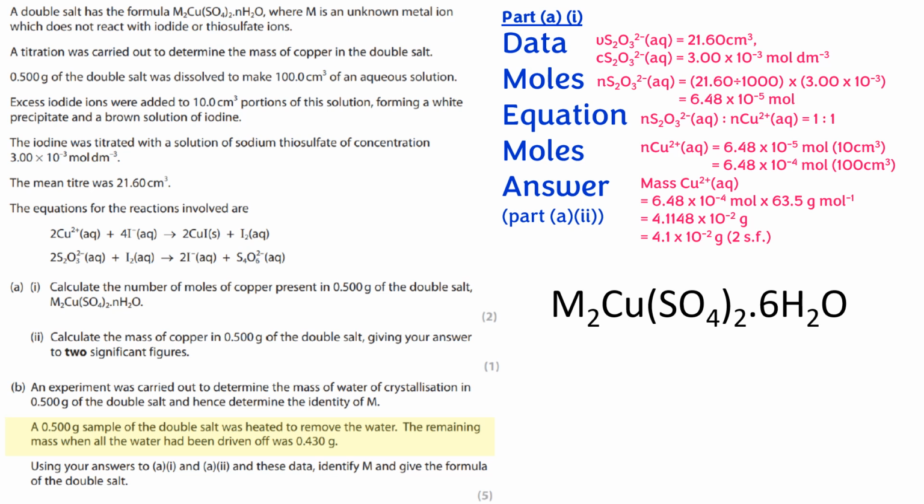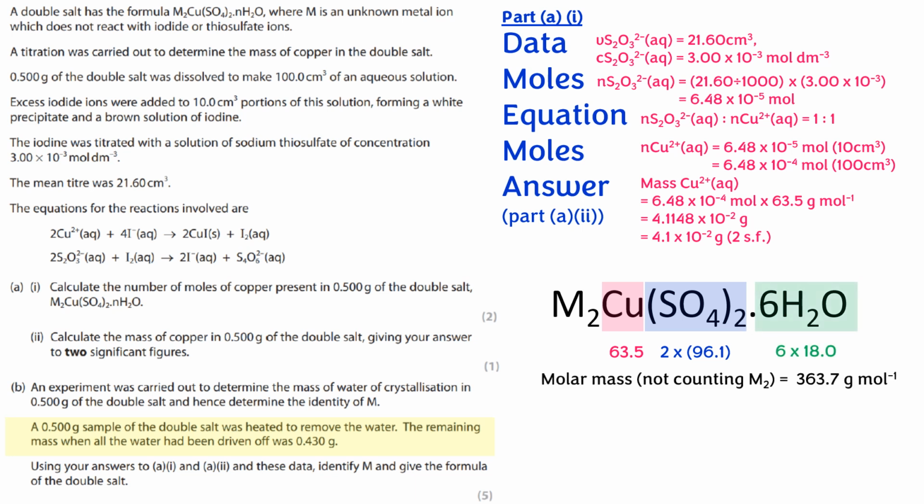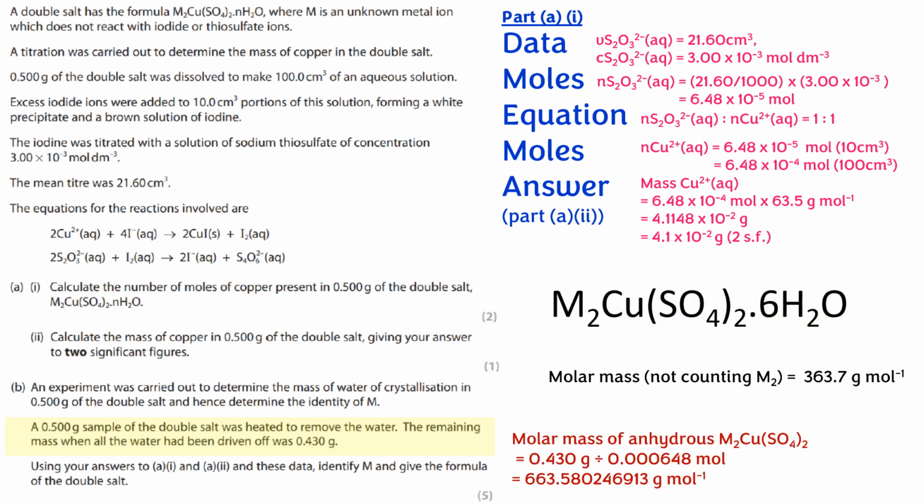Okay, so now we need to work out what the molar mass of what we know is. So adding it all up, not counting M2, is 363.7 grams per mole. So the molar mass of the anhydrous M2CuSO4, ignoring the water for now, is the remaining mass divided by the moles of the salt, which is going to be 0.000648.